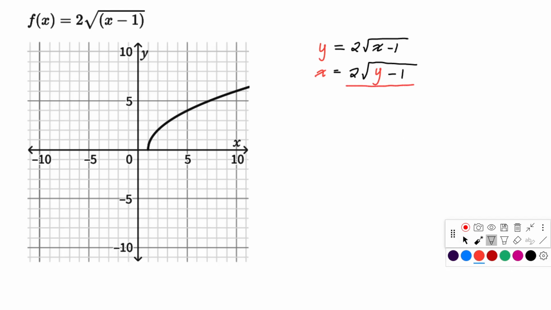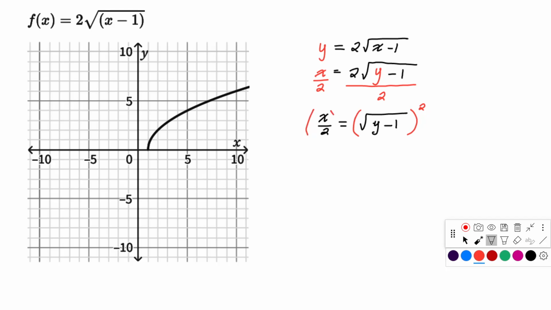Divide both sides by 2. And we have x over 2 equals the square root of y minus 1. Now the inverse of finding the square root is to square. So we're going to square both sides.